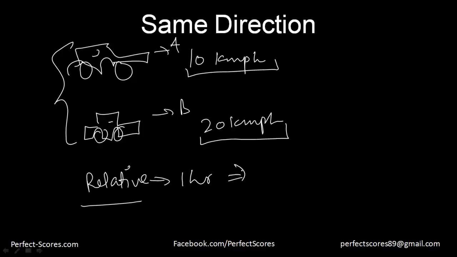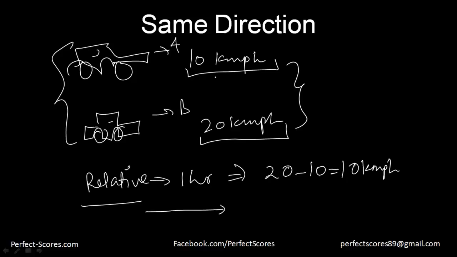So the actual distance that will be covered between these two cars is 20 minus 10, that is 10 kilometers per hour. Why is that? Because car B is going to cover 20 kilometers and car A is going to cover 10 kilometers, and the distance between them is always going to increase by 10 kilometers every hour.